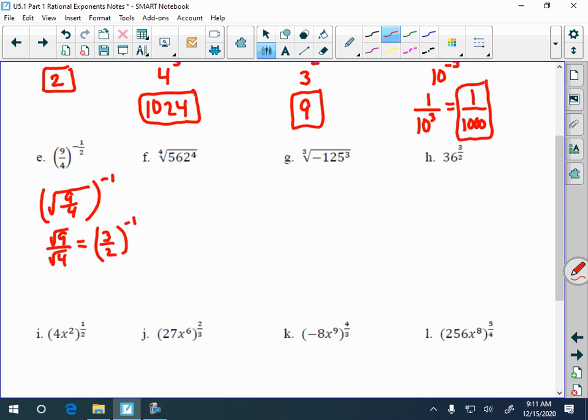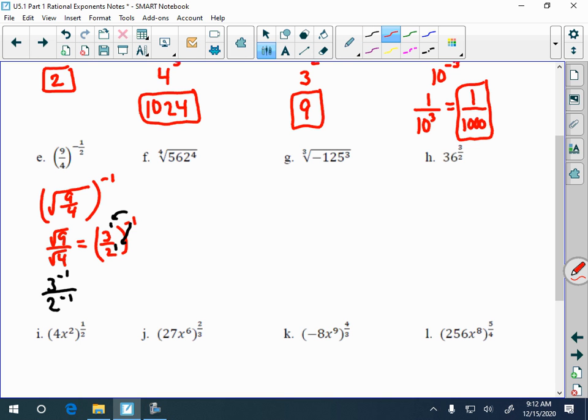Now with that negative 1, you can bring it on the inside. Remember, each of these has an exponent of 1, and so this negative 1 can come inside and multiply into the exponents. So it becomes 3 to the negative 1 over 2 to the negative 1. Now when there are negative exponents, you want to flip them.